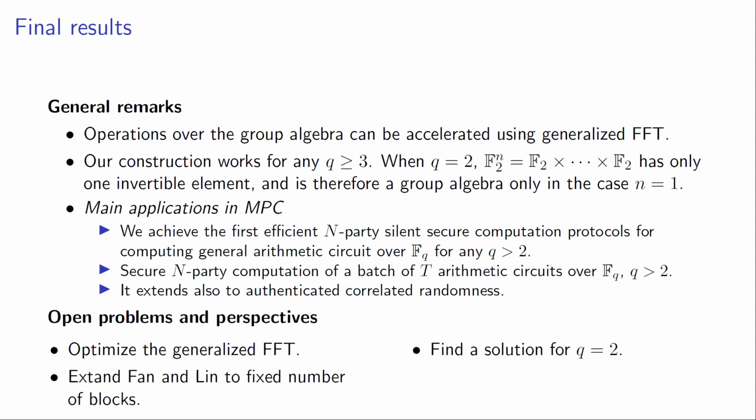And finally, some different open problems and questions. As I said, the efficiency of the protocol is strongly related to the efficiency of the FFT. So if we can improve the generalized FFT over FQG, then we will improve the efficiency of our construction. This is, by the way, the only difference between this construction and the previous one. The previous one enjoys maybe a more efficient and optimized FFT than ours.